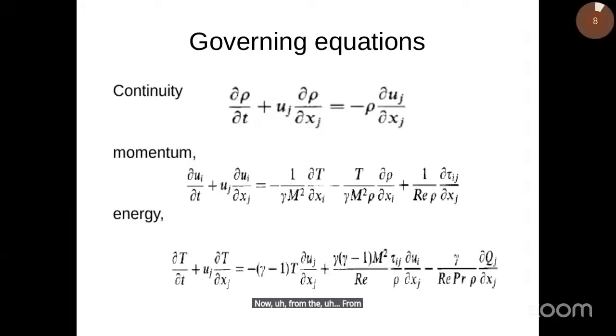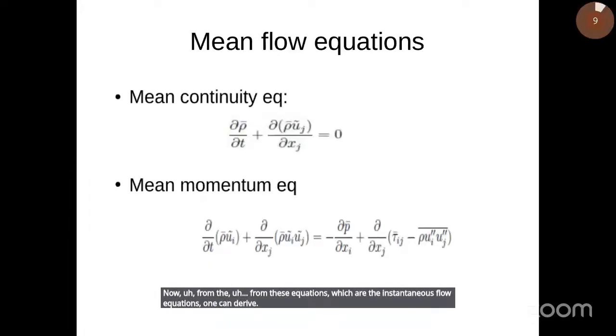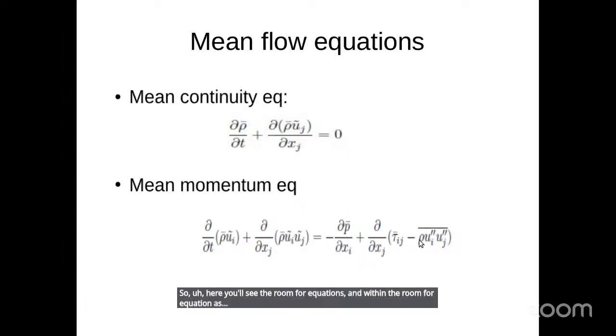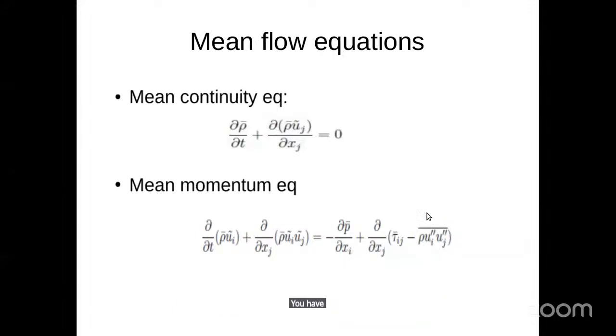From these instantaneous flow equations, one can derive mean flow equations, which are basically the Reynolds averaged Navier-Stokes equations. Here you see the mean flow equations, and within the mean momentum equation, you have the turbulence, which is showcased by this Reynolds stress term.